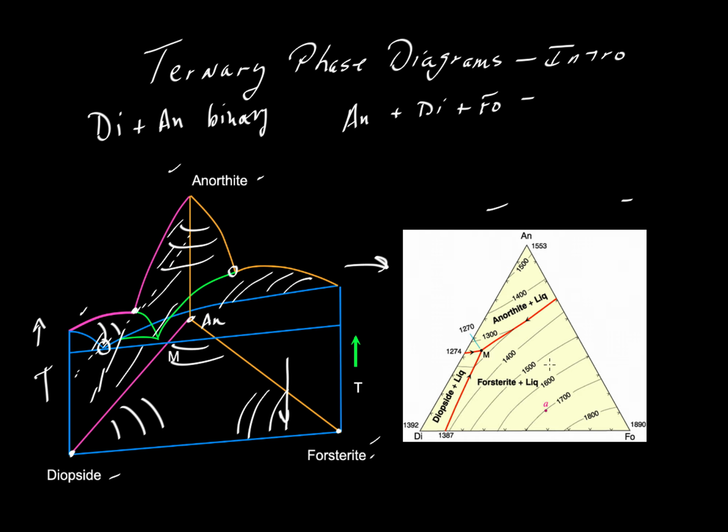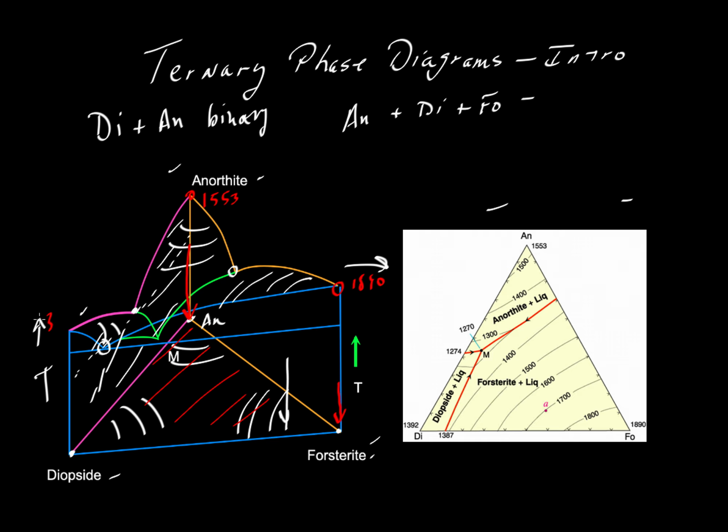We have the contours that are shown here, going from pure forsterite melting, which happens at a temperature of 1890 degrees, and we just project that down onto this triangle down here at the bottom. We have anorthite melting at 1553. That's here, and that temperature is being projected down here to the bottom.